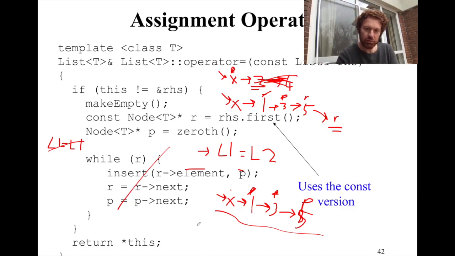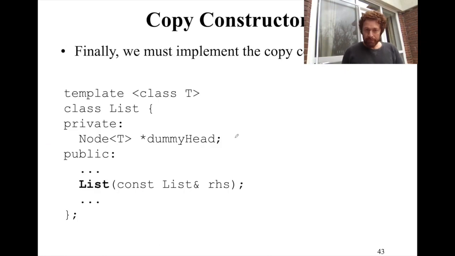So I also return L1 because maybe there are concatenations here, like L2 equal to L3 maybe. I want to support this action, so L2 will be equal to L3 and it will be returned, and L3 will be updating L1 now, stuff like this.